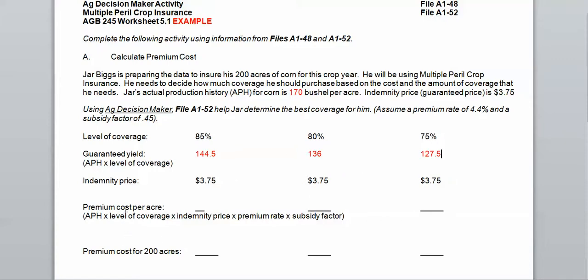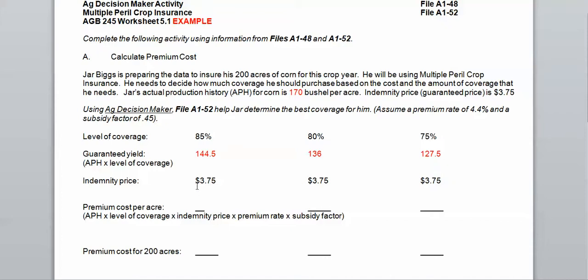To figure out our premium cost, which your crop insurance agent is going to do for you, but just for fun and to show you how rates are calculated, we take the actual production history times level of coverage times indemnity price, which in this case was $3.75 a bushel. And the indemnity price is based on the average spring price, or the average price for December corn in February.